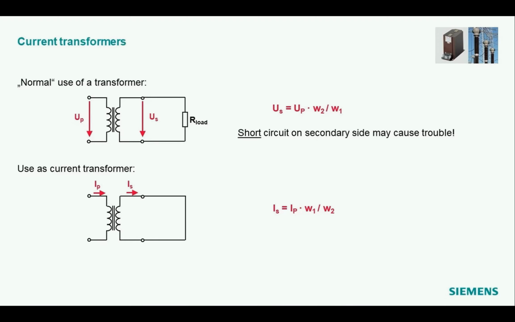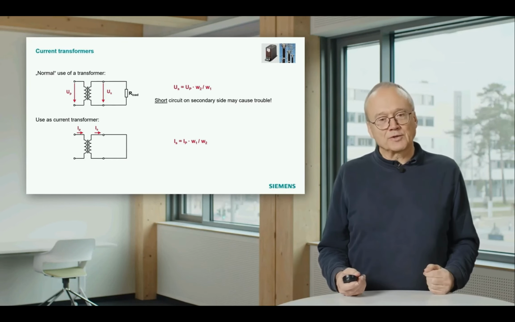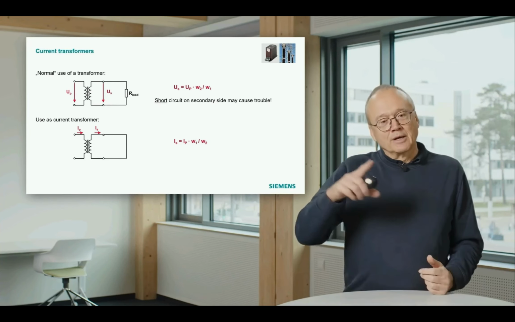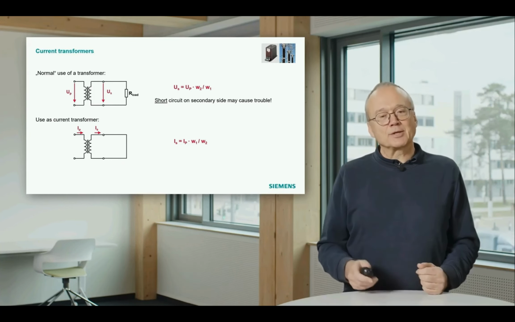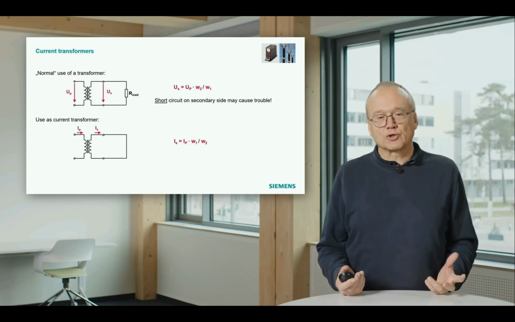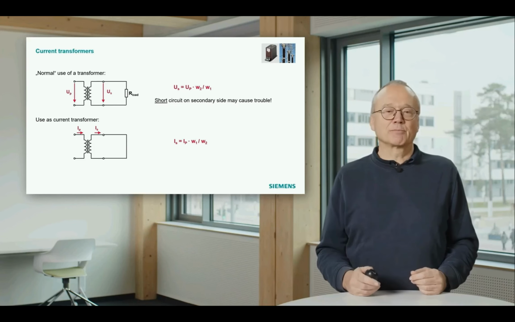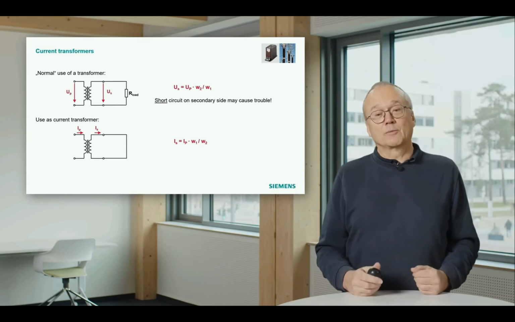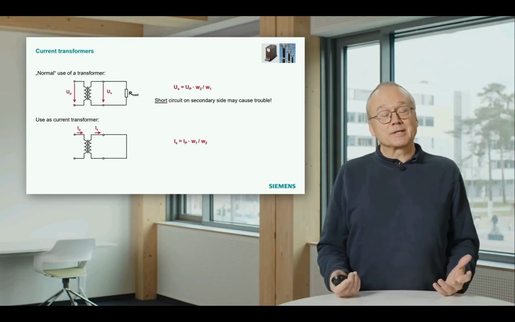In a current transformer, we apply a defined current, and then we get a transformed current on the secondary side, and we must allow the current transformer that this current can flow. So the best thing to do that is to make a short circuit on the secondary side. And there you can already see a big difference. The normal transformer, a voltage transformer, doesn't like a short circuit. For the current transformer, it's the best thing you can do.